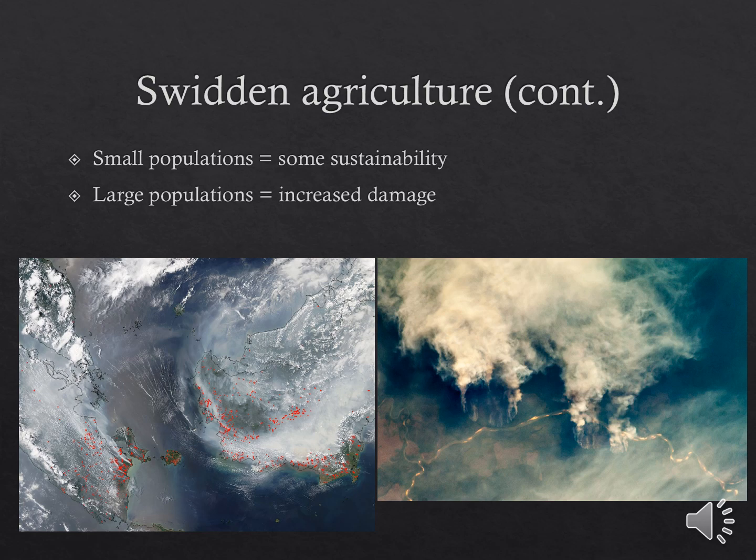And those are not natural fires. Those are human-made fires specifically related to slash and burn agriculture. Yes, when you combine those natural fires that do exist with slash and burn agriculture, you have a critical situation. And I don't just mean for the forest or for the wildlife in that forest, but for entire ecosystems of which we are a part.